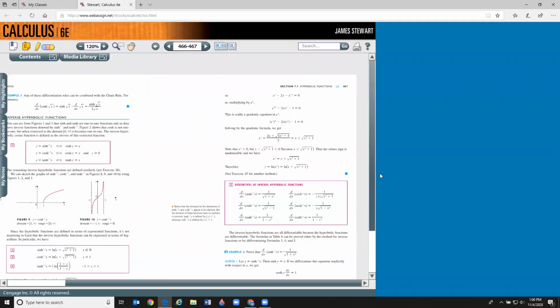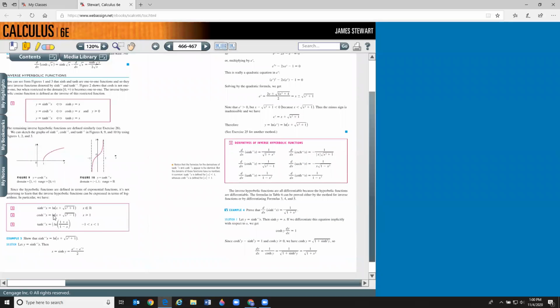Right? These expressions are simply found by algebraically solving for the inverse. And once you have these definitions in hand, the derivatives are found by simply taking these derivatives as they are written and doing a considerable amount of algebraic simplification. Again, it is not worth it to have to do that every single time. I would definitely suggest you just memorize these derivatives as well. Yes, that's a lot to memorize, but that's sort of the nature of the game.